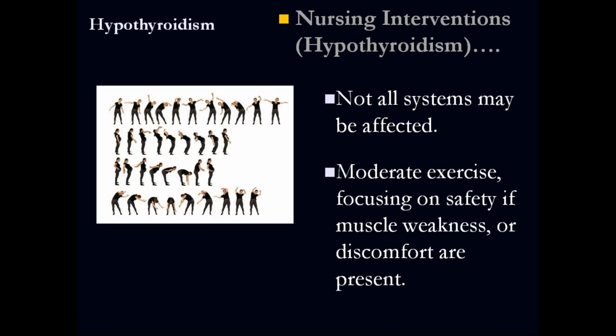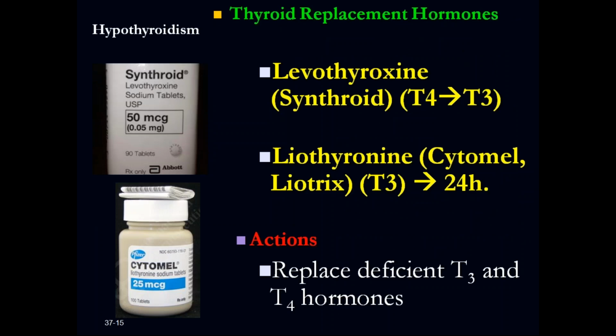All right, so not all systems are going to be affected. Moderate exercise means they are trying to keep a balance, a steady physical activity during their life, because otherwise the needs of hormones will be different. Okay, so levothyroxine, Synthroid.